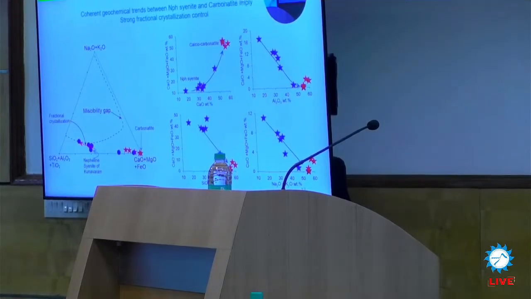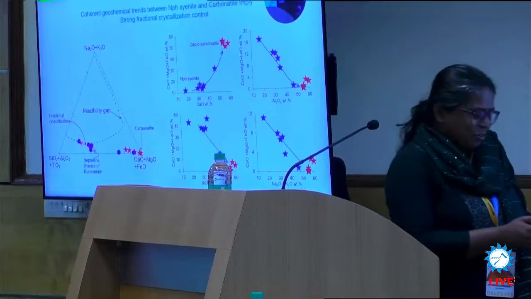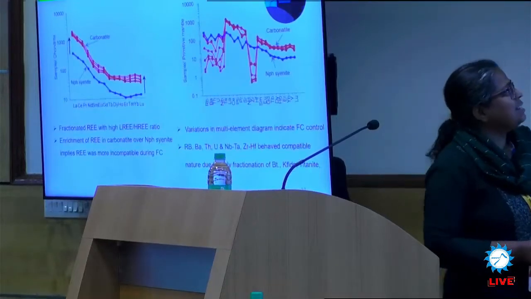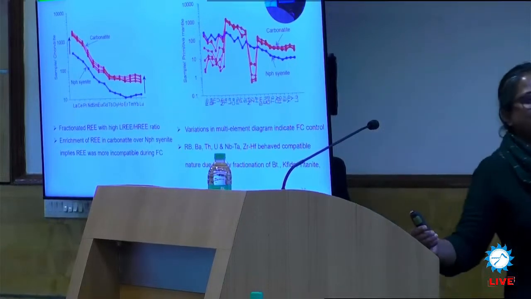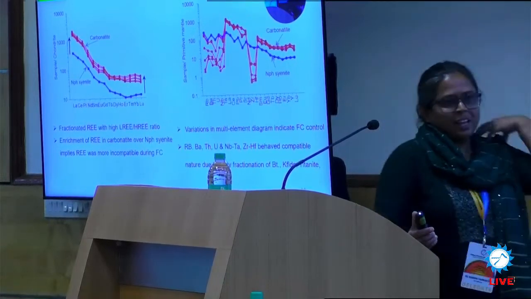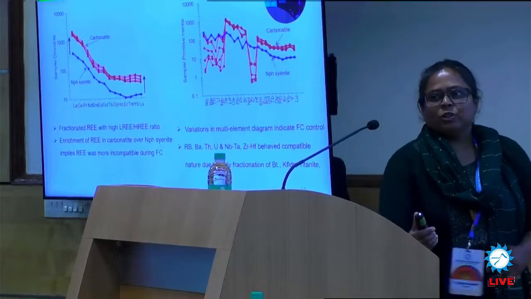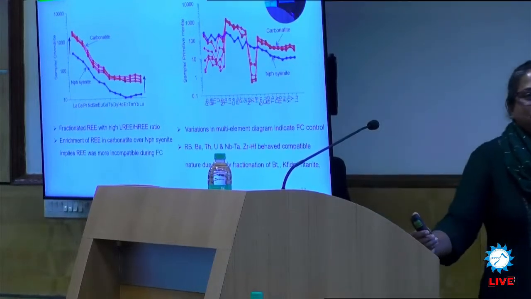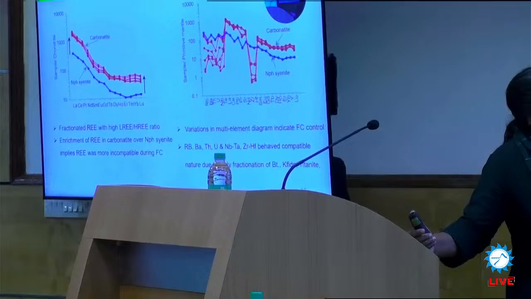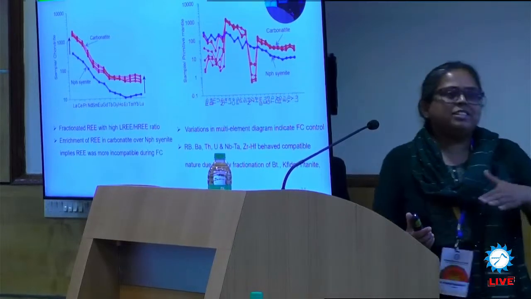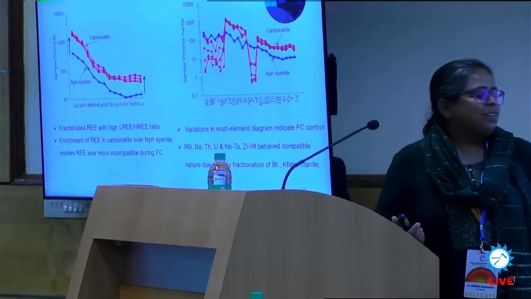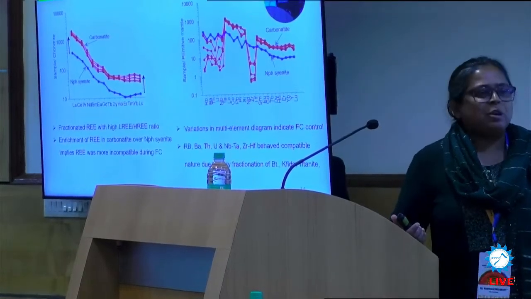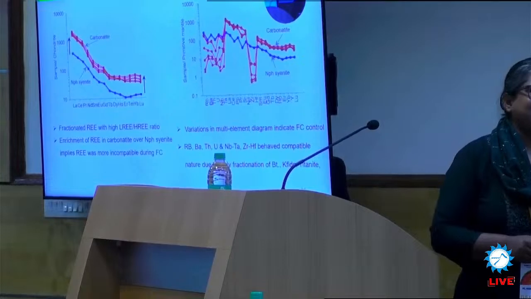I have fewer analyses, and for that, sir, I just took the average of the nepheline syenite. That's why it is coming there. Basically, sir, the nepheline syenite is crystallizing fast, so all trace elements are accommodated within the nepheline syenite.